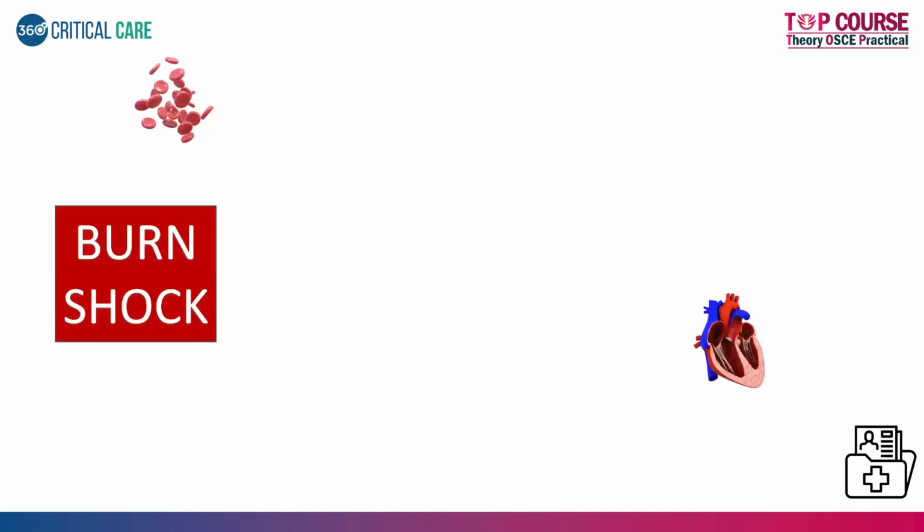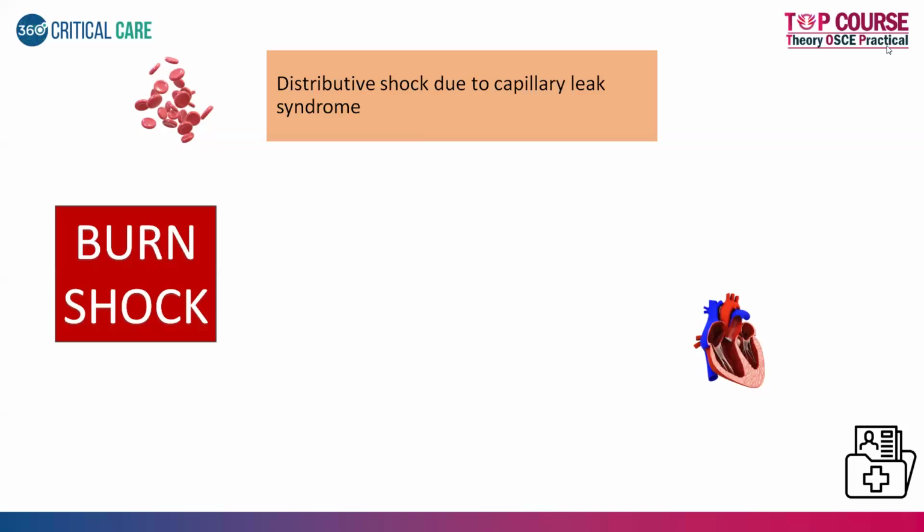Okay. So coming to burn shock per se, if they ask you what is burn shock, I told you earlier, you can categorize your burns pathophysiology into early or late. Usually burn shock is a type of hypovolemic shock. It is happening because of distributive derangements of fluids from the intravascular compartment into the interstitium, because of capillary leak.